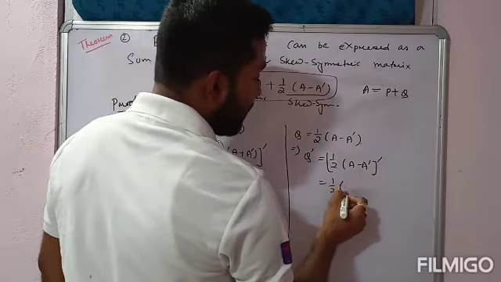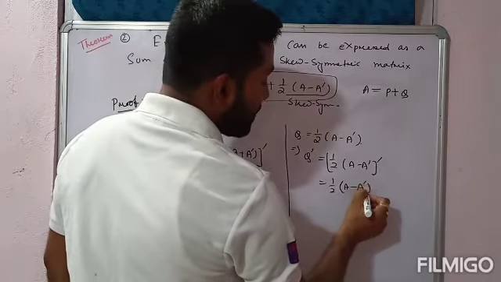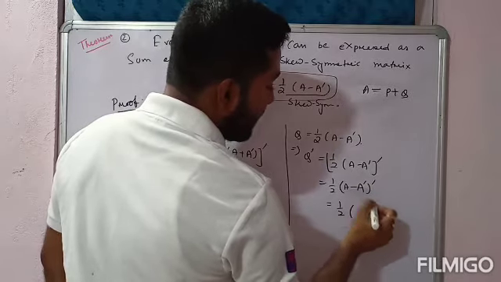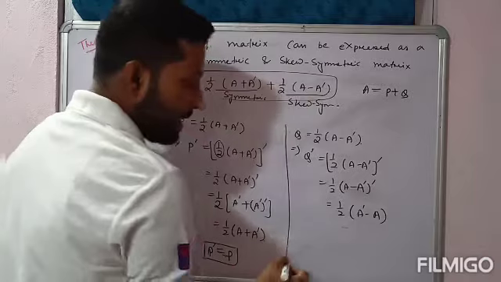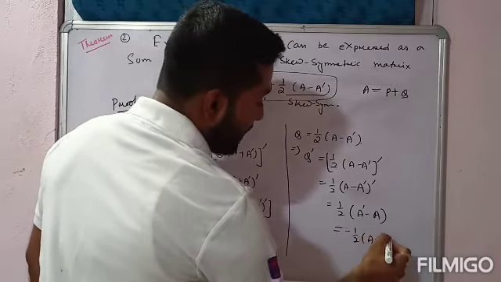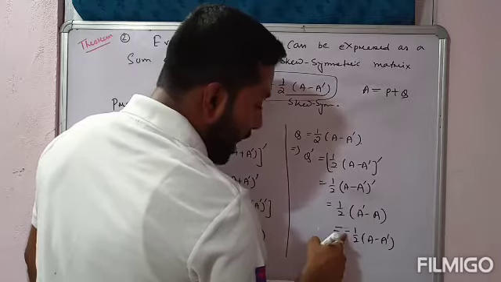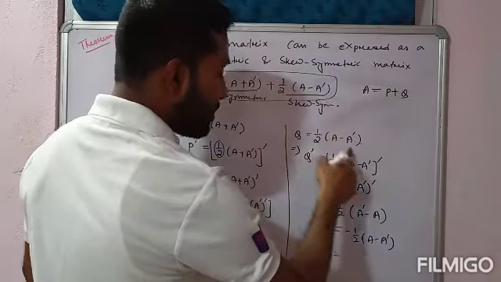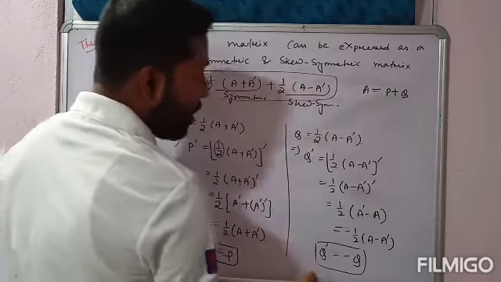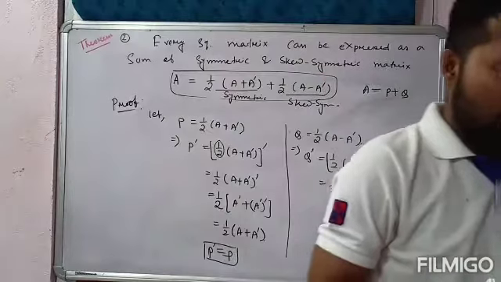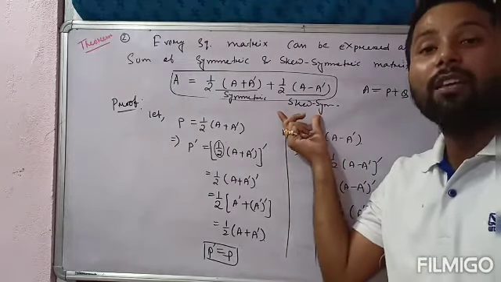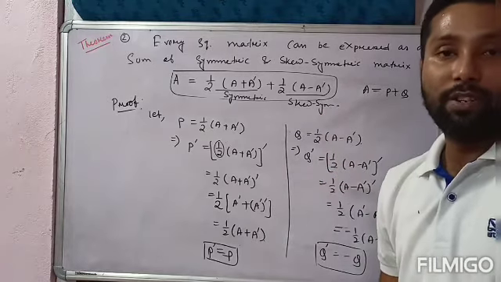Again, half A minus A transpose whole transpose. That is half of A transpose minus A transpose whole transpose is A. Take minus common, that is minus half of A minus A transpose. Now minus half of A minus A transpose, this is nothing but Q. So Q transpose is equal to minus Q, which means we can say that the second part, that is half of A minus A transpose, is a skew symmetric matrix.